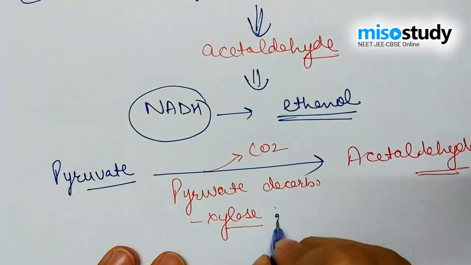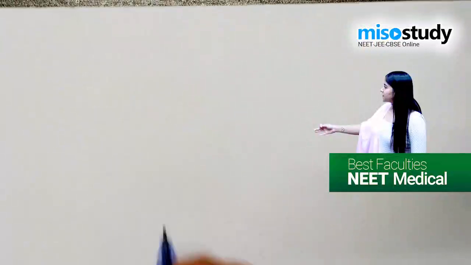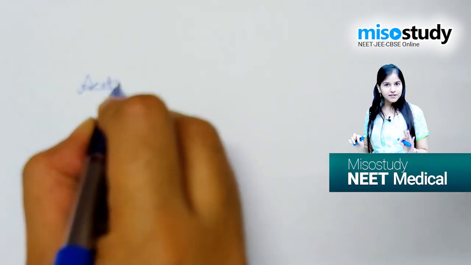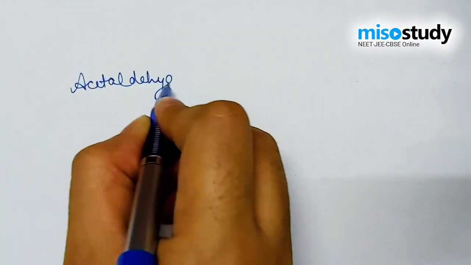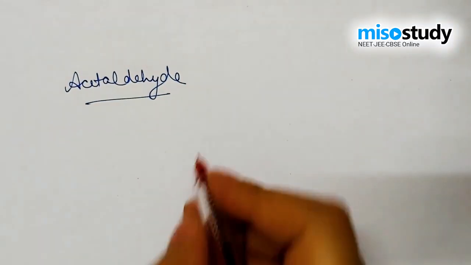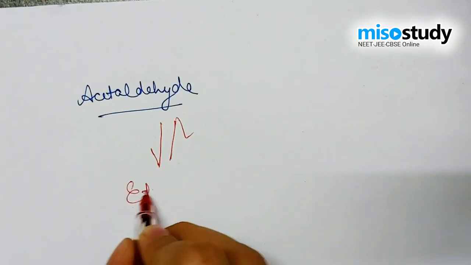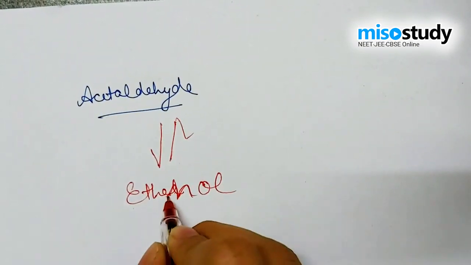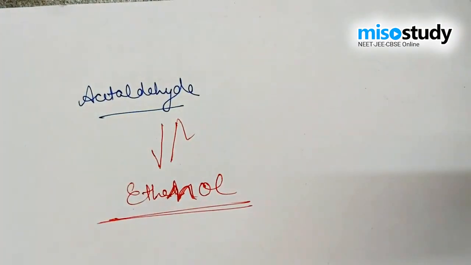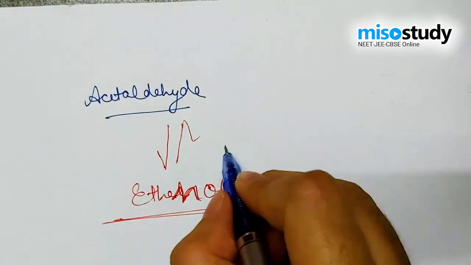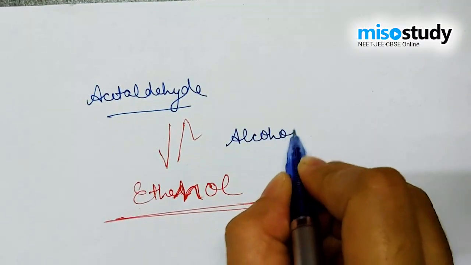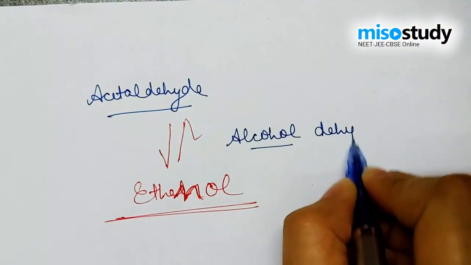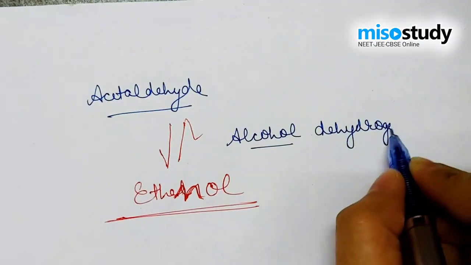In the second step, acetaldehyde gives rise to ethanol, and that takes place due to the presence of the enzyme alcohol dehydrogenase.